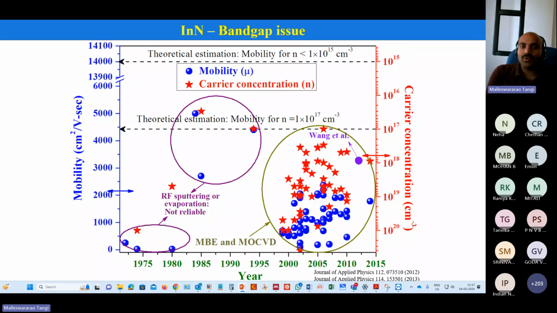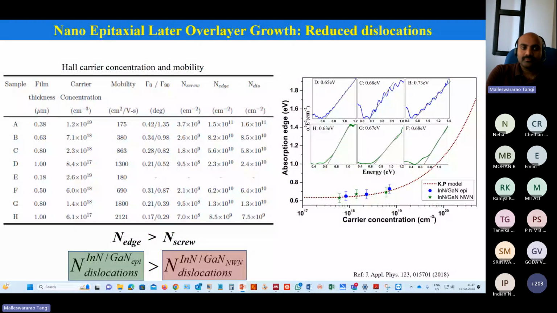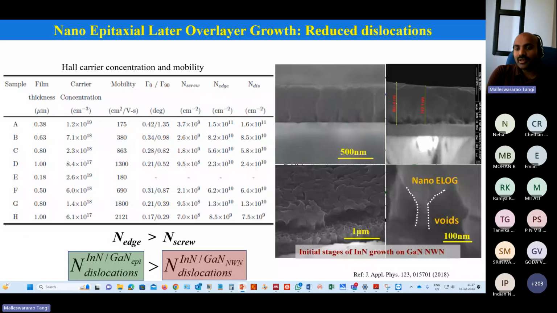This also plays a crucial role when we prepare indium gallium nitride, which is the active region material for optoelectronic LEDs or lasers. Then further, one more problem is dislocations or other defects in these films. By employing nano ELOG, like epitaxial lateral overgrowth, by leaving voids at the interface, we can reduce dislocations in the bulk region of the films. That way we can reduce dislocations, and hence you can get better optical or electronic properties.